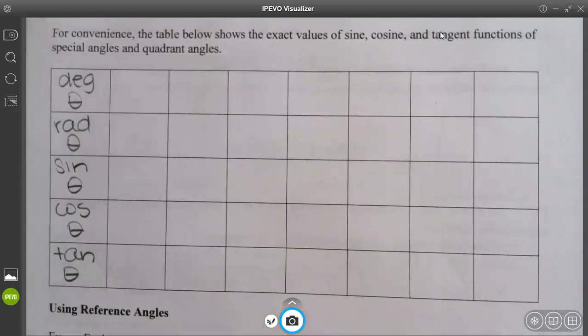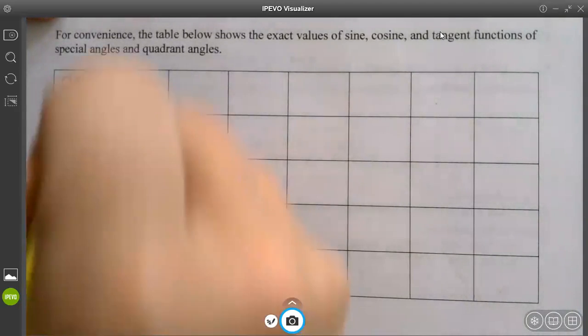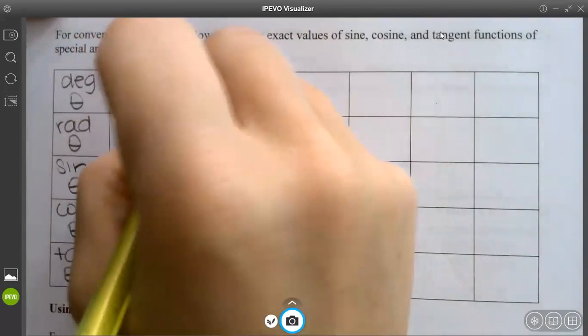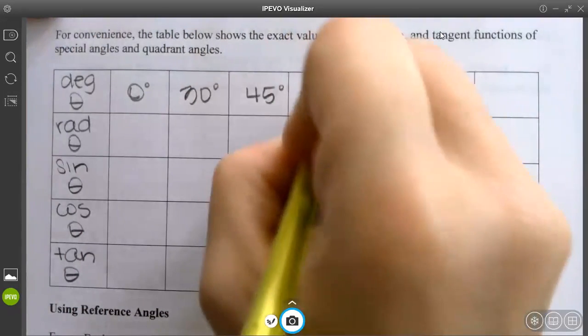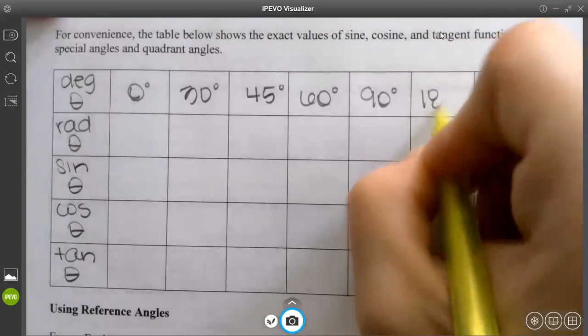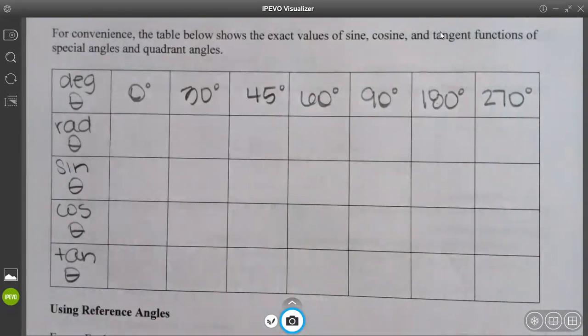Degrees, radians, sine, cosine, and tangent. We're going to do all of those same degrees that we just did. 0, 30, 45, 60, 90, and then we're going to do the other main ones, which are 180 and 270. The next row of this chart is going to be those degrees in radians. What is your radians for 0 degrees? 0.